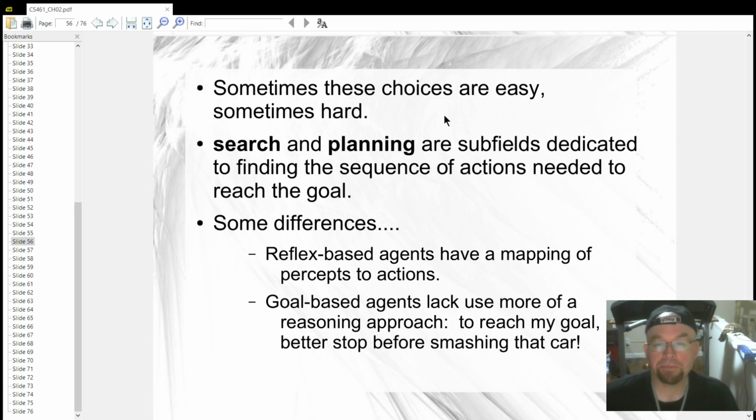All right. So reflex-based agents, they have a mapping of percepts to actions. We've talked about this. Goal-based agents lack this, and they use more of an approach that requires reasoning. Needs logic.